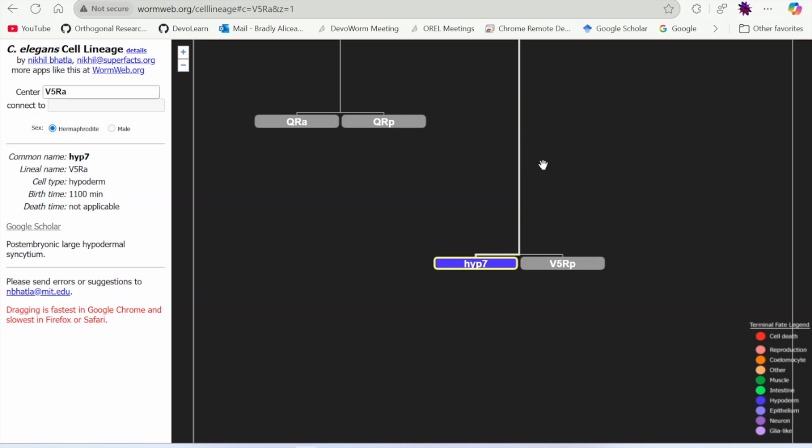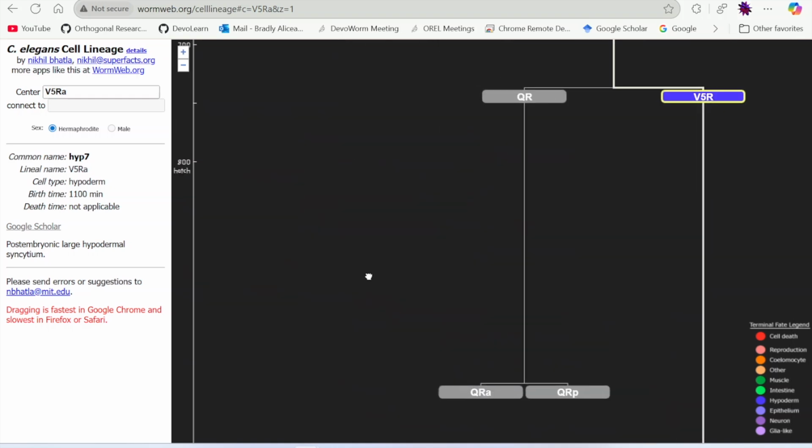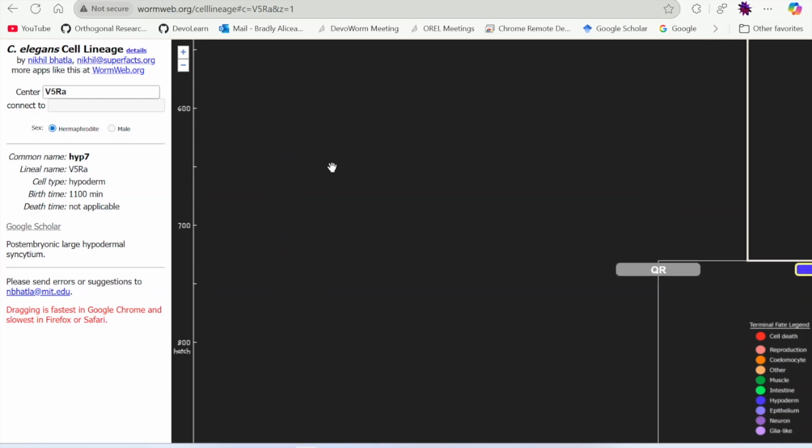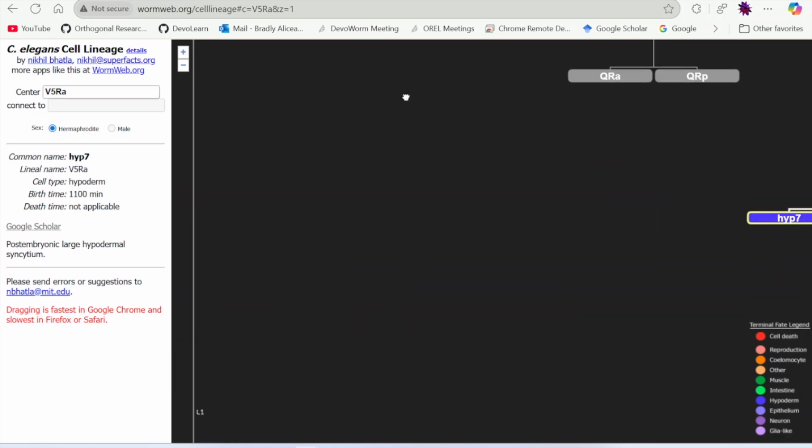So you start at L1 with this smaller worm that's moving around. It's missing some things, and then those things form by L4, right before adulthood. Usually it's things to do with reproduction and other types of structures.